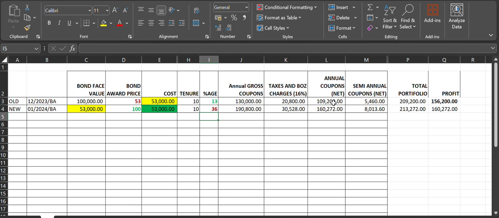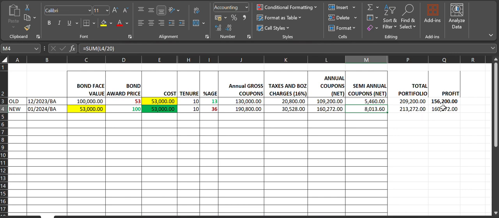One, the coupons that you'll be getting every 6 months for the same cost of 53,000 kwacha in this particular example, I expect that the coupons should be higher than the old method if the new issuance method is to remain attractive. In this particular example, the semi coupons are rising to 8,000 kwacha.